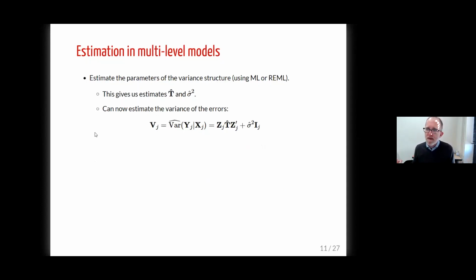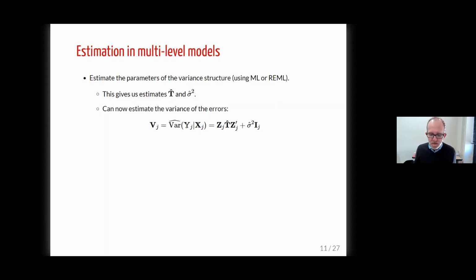Typically, people will use maximum likelihood estimation or restricted maximum likelihood estimation, REML, to obtain those variance component parameters. Once you've got those, that gives us a way to estimate the tau matrix, and then sigma squared, the variance of the level 1 errors.